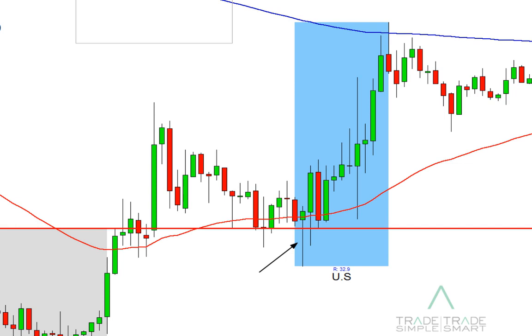So once we've seen our stop run candle, what is the criteria for the confirmation candle? Well, we want to see a candle that closes above the body of the stop run candle and also closes within its last 1/3 region.